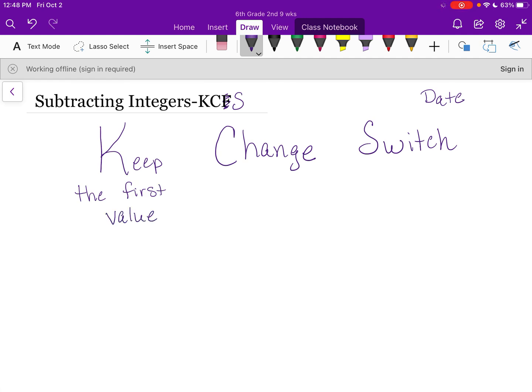Then we're going to change the subtraction sign to add. And then you're going to switch the second value. Try to make that a little bit neater.